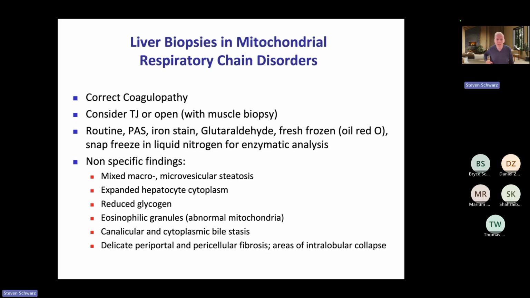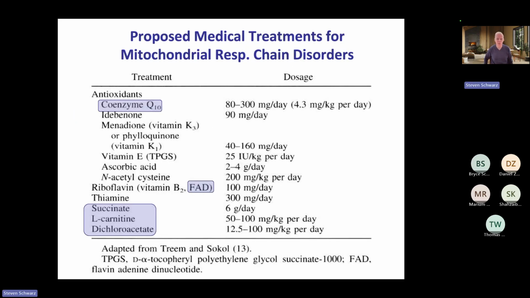There are proposed medical treatments for mitochondrial respiratory chain disorders. These are largely antioxidant cocktails, and this is called TPGS, and contains coenzyme Q and a variety of compounds, which are directed at alleviating some of the difficulties.